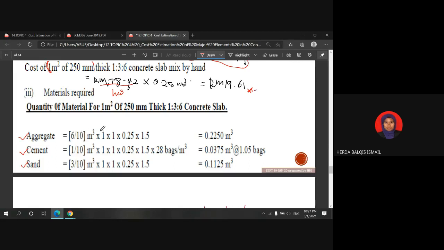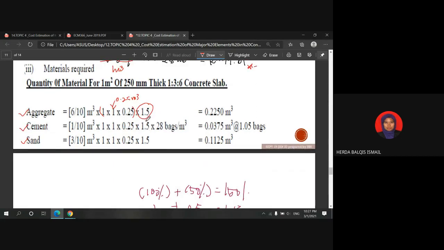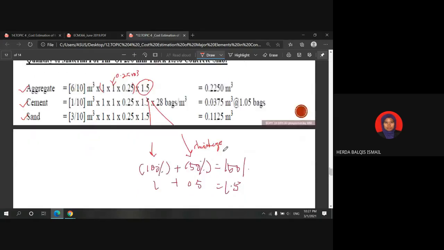The volume of the slab is 0.25 cubic meter, multiplied with this constant, which is 100% the initial quantity plus 50% shrinkage, because we take into consideration the shrinkage phenomenon. Thus 150%, so that's why we multiply with 1.5.